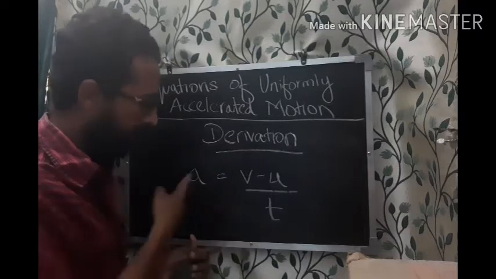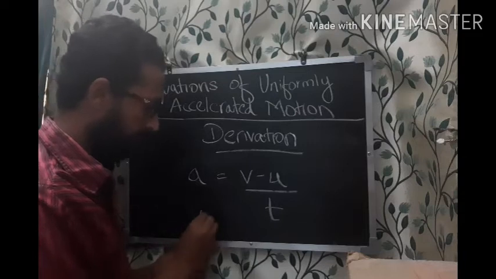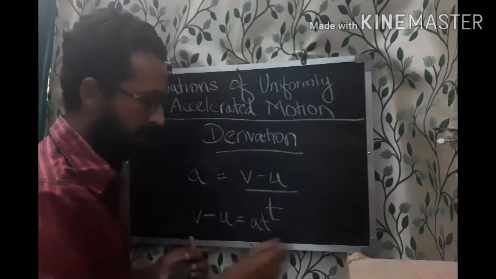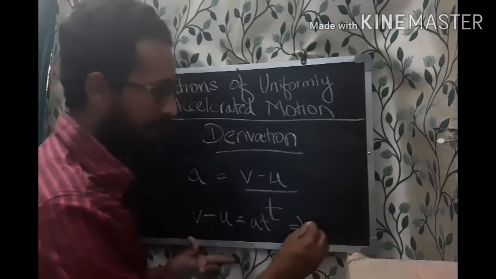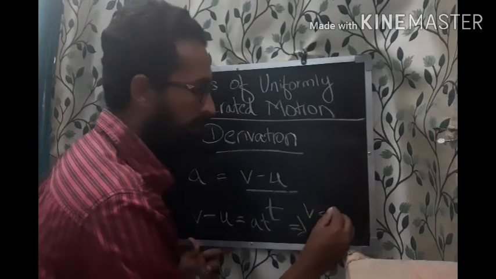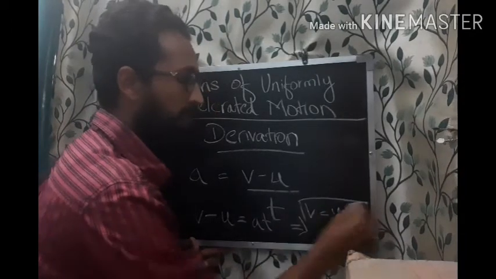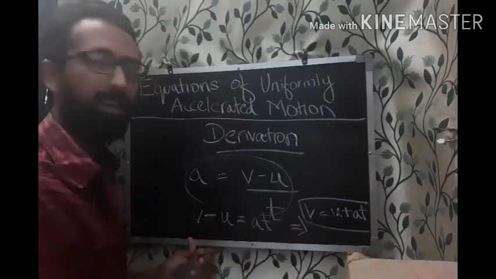And if we take t this side, the equation changes to v minus u equals at. And again when we take u that side, the equation changes to v equals u plus at. So the equation can be derived from the formula of acceleration.